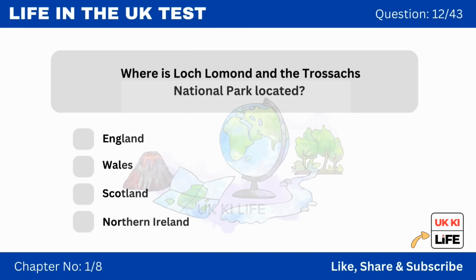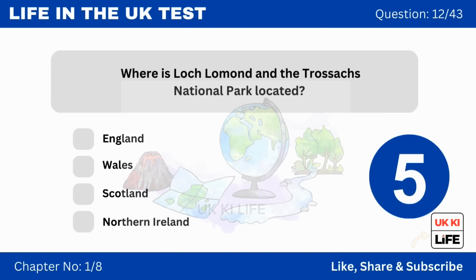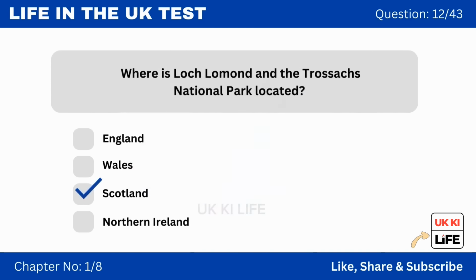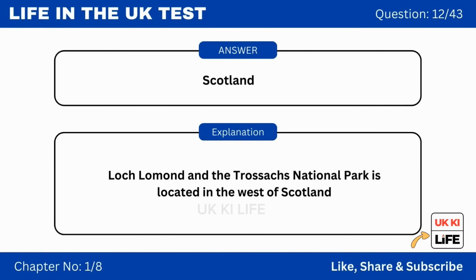Where is Loch Lomond and the Trossachs National Park located? England, Wales, Scotland, Northern Ireland. The correct option is C. Explanation. Loch Lomond and the Trossachs National Park is located in the west of Scotland.